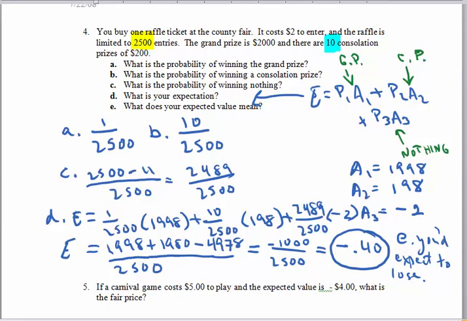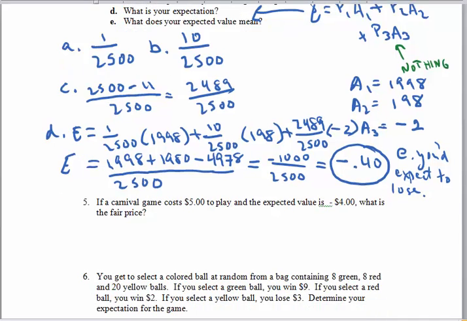Chances are you're going to lose. Now, can you possibly lose 40 cents? No, of course not. Because if you're paying $2, we just said there's 3 possibilities. You're either winning the 1998, you're winning the 198, or you're losing the 2. So you can't possibly lose 40 cents. But that would be your expected value. You'd be expected to lose.